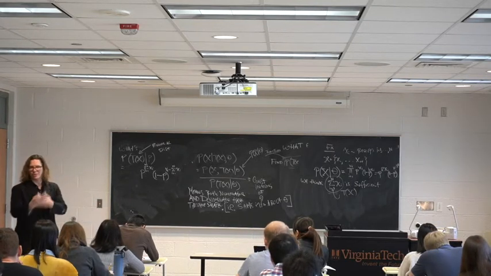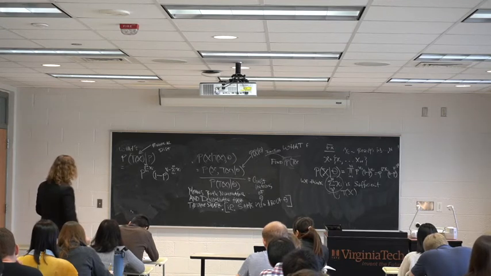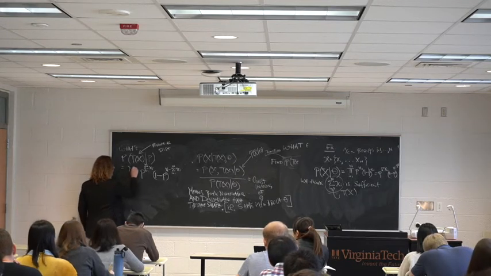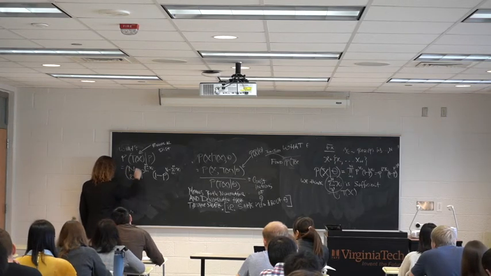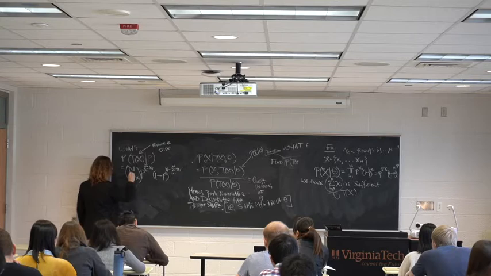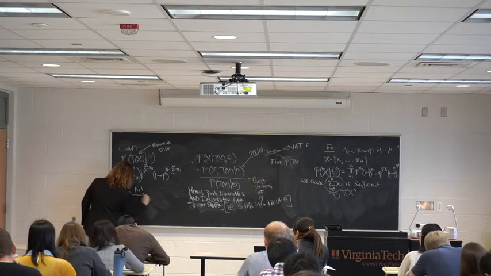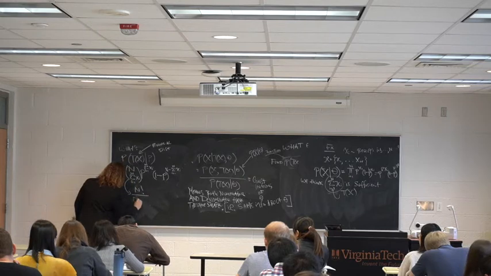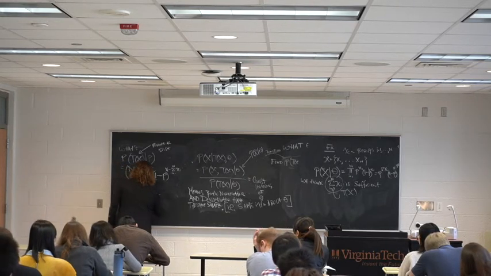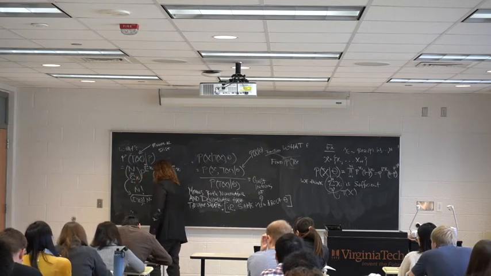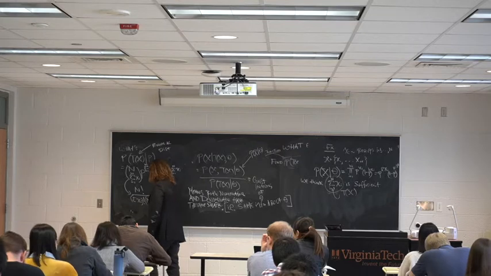But because the order doesn't mean anything, I have to account for all the possible orderings. So this is the binomial coefficient: n factorial over the sum of the xi's factorial times n minus the sum of the xi's factorial.